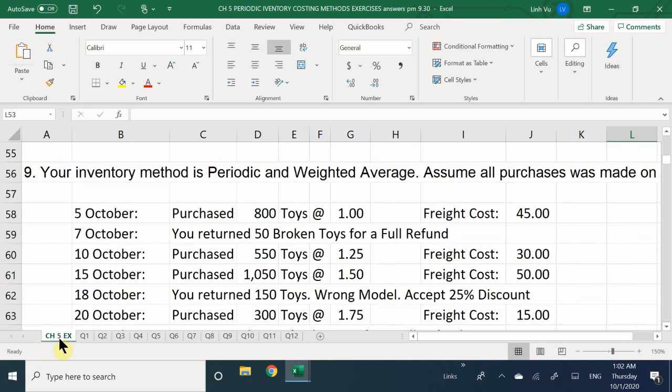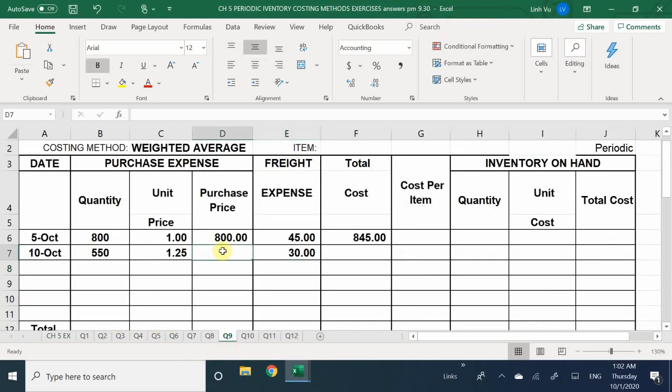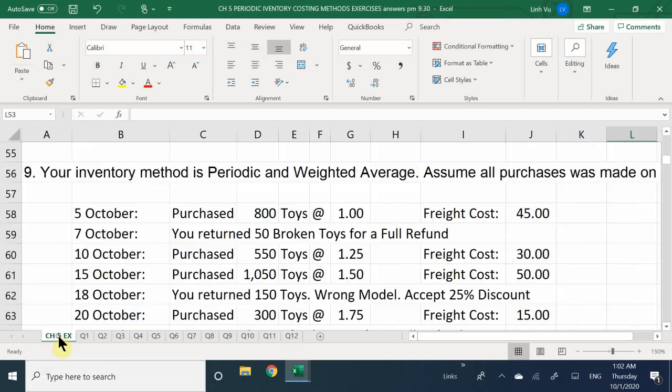My total purchase price is going to be my 550 times 1.25, giving us a total of $687.50. Plus my $30 freight, and we get $717.50. Again, we don't need to solve our cost per item, so we can move on to the next one.